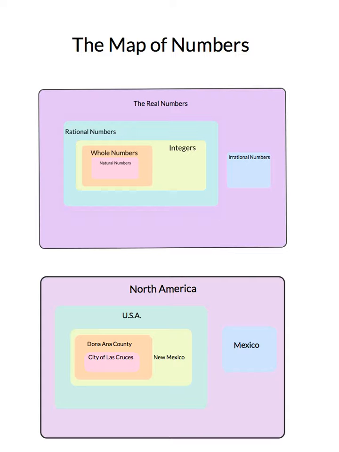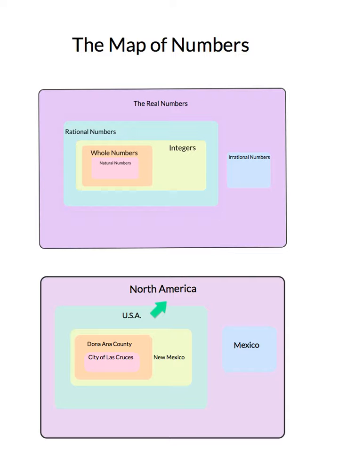One way to think about the real number system is to consider it like a map. If you think about the city of Las Cruces, we can think of it as being in Doña Ana County. Both of those are in New Mexico. All three of those are in the United States of America.